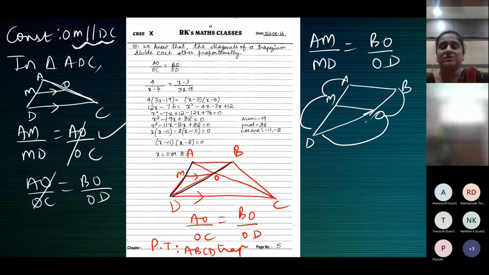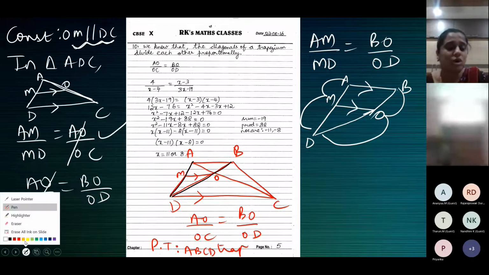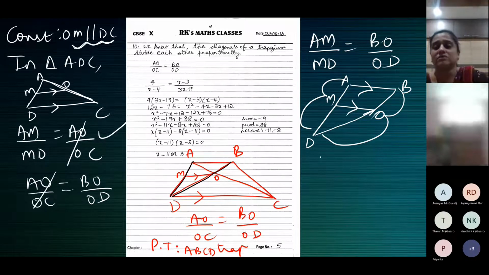By the converse of BPT, AB is parallel to MO. Now, by construction, what do we have?